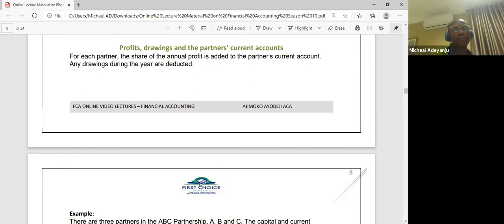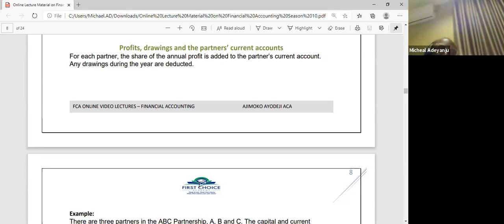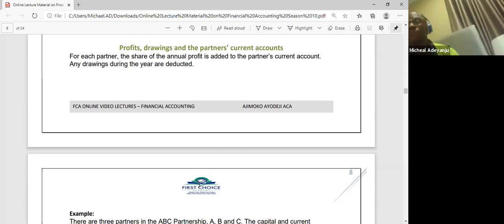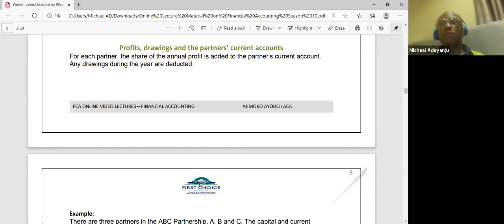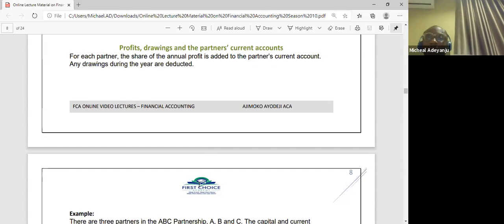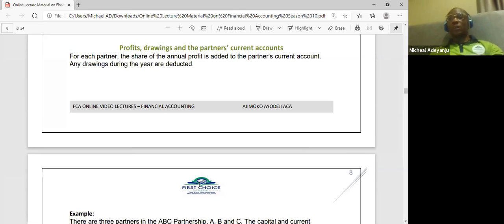So in our current account, like I said, our current account shows profit, drawings, and the partner's current account itself.